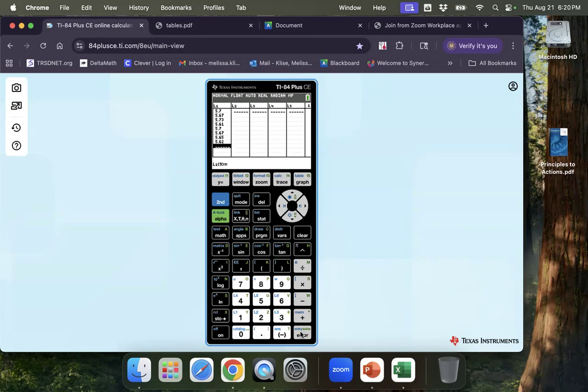If you want to do it by hand and you don't want to use t-test, then use one var stats. But if you're typing it into your calculator anyway, why not just use t-test?